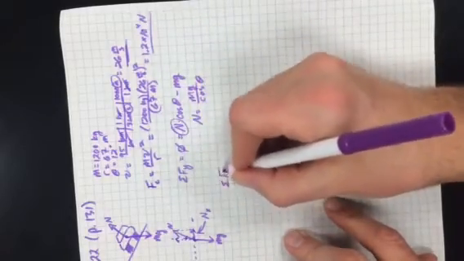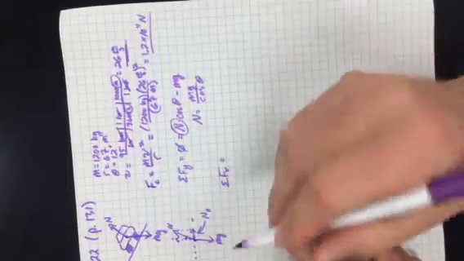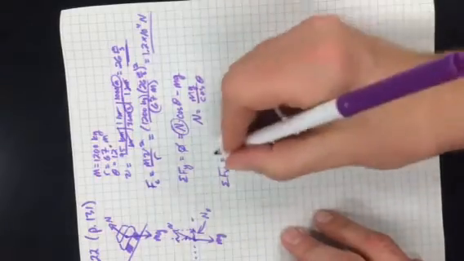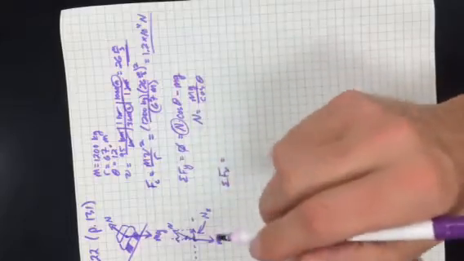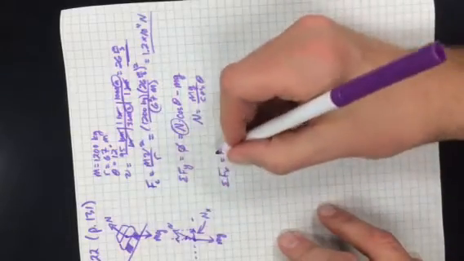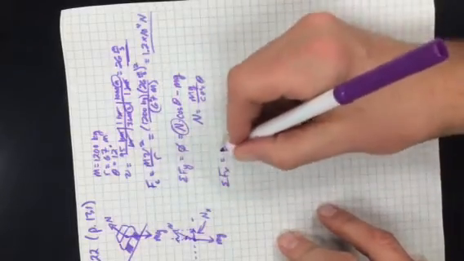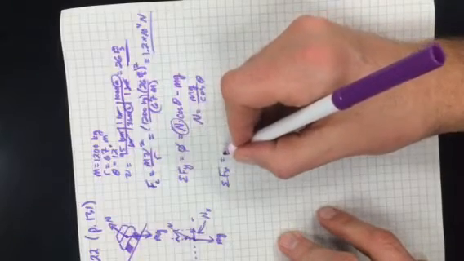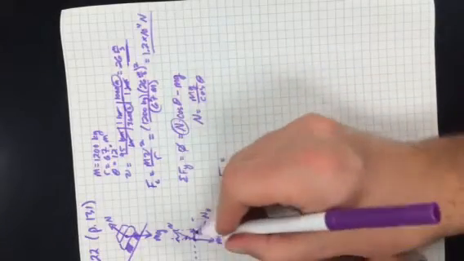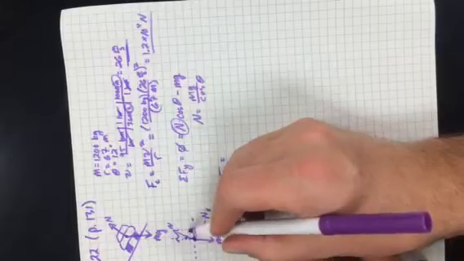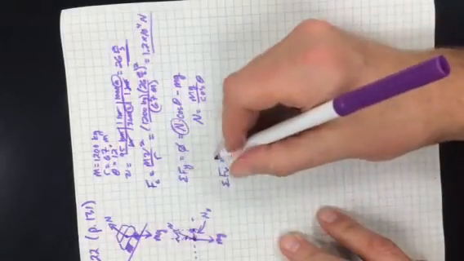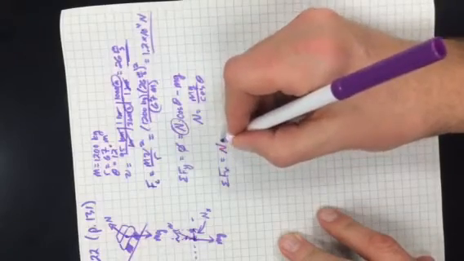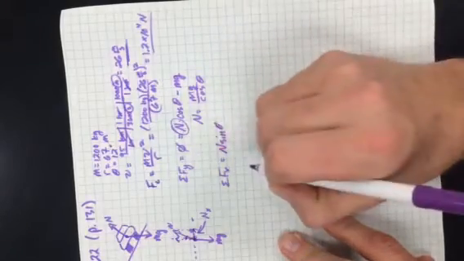Now, let's do the same thing for the x direction. In the x direction, there is an acceleration because that object is kept in a circular motion. That's going to be due to this component of the normal force. And since that is the opposite side, that would be the normal force times the sine of the angle.